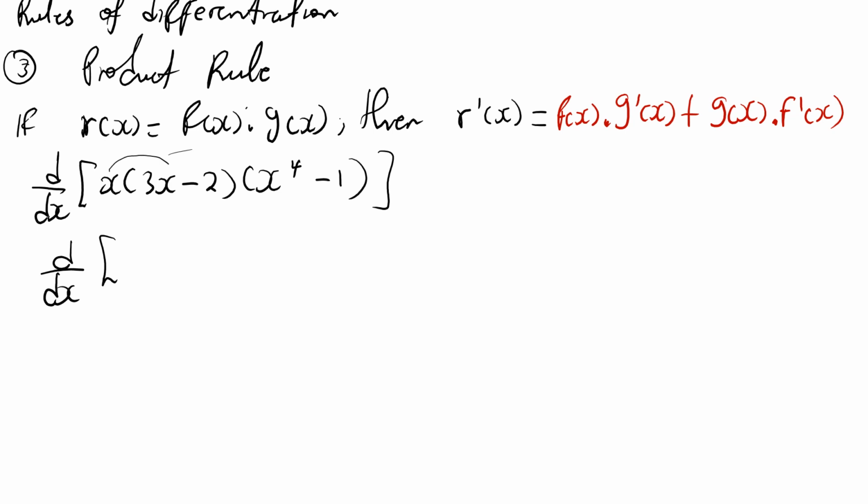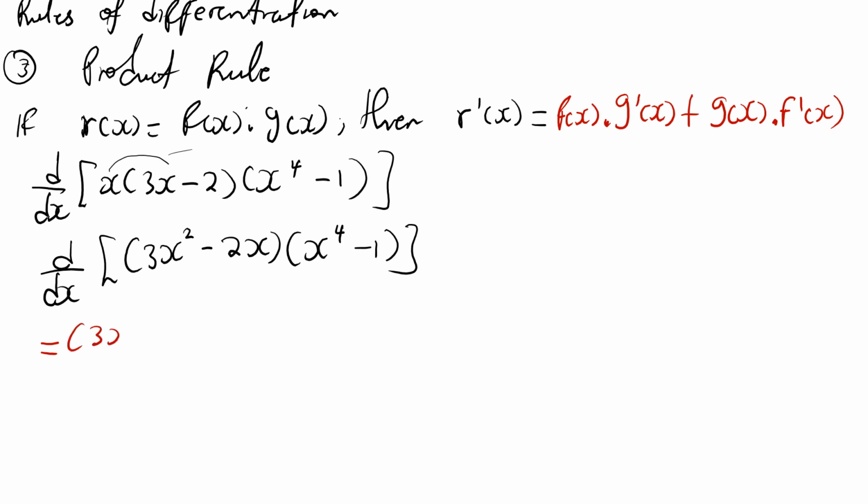So let me multiply x and 3x minus 2. So it will give us 3x squared minus 2x multiplied by x to the exponent of 4 minus 1. So now we can apply the product rule very well. So we are going to keep the first function, it is 3x squared minus 2x, and then we multiply with the derivative of the second function.